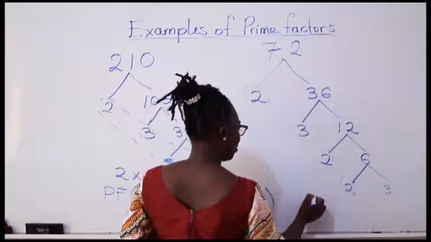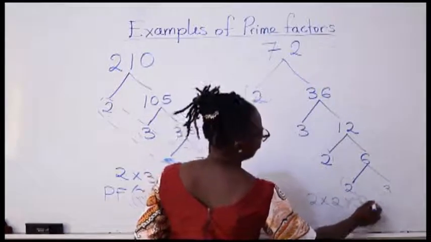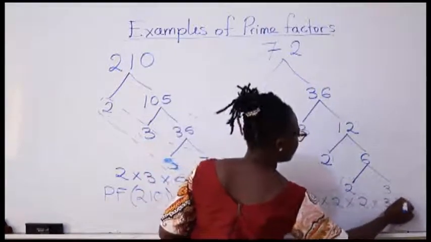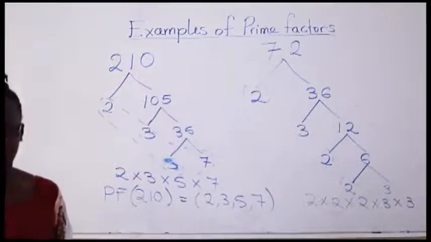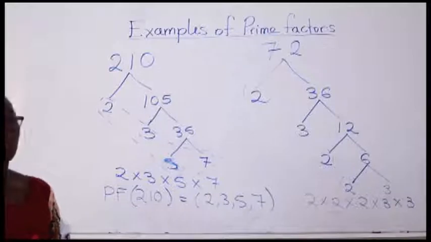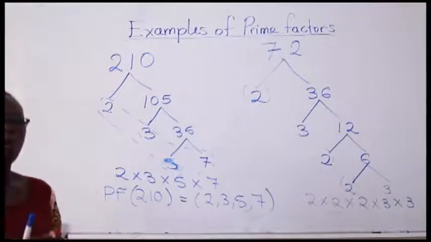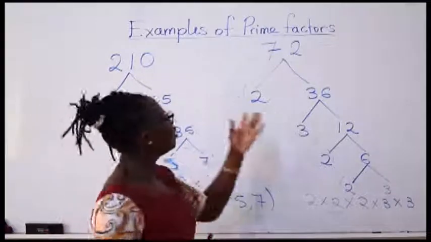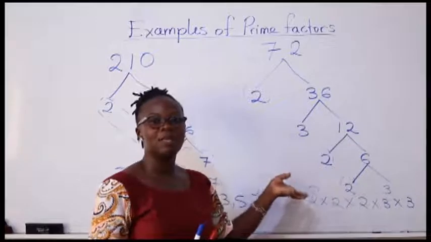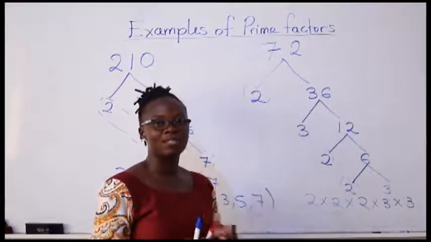So I have 2 times 2 times 2 times 3 times 3. It's going to give me 72. So you realize that if you go this way, then it is easier to find your prime factors.